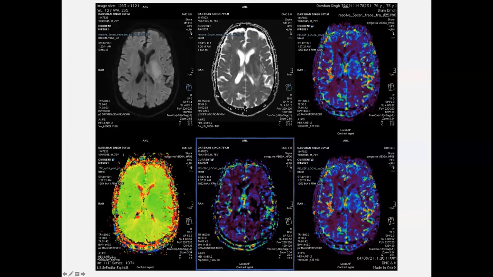Now you can easily see these are our basic morphological sequences. I think this is diffusion or FLAIR. You can see there's a difference in resolution, SNR, signal to noise ratio. In simple words, these images are so clear, these are not so clear. So what can we do about it? There is a very simple way.